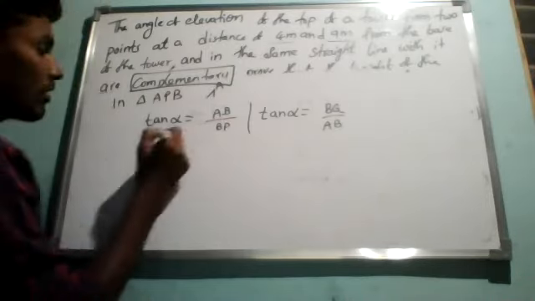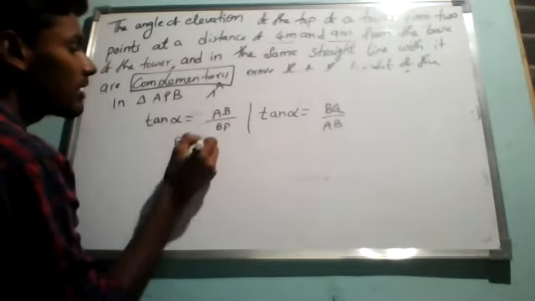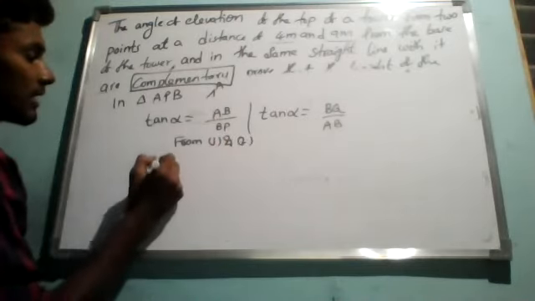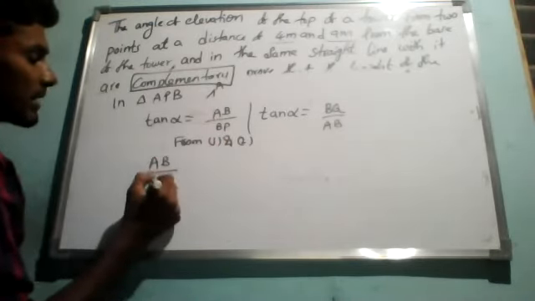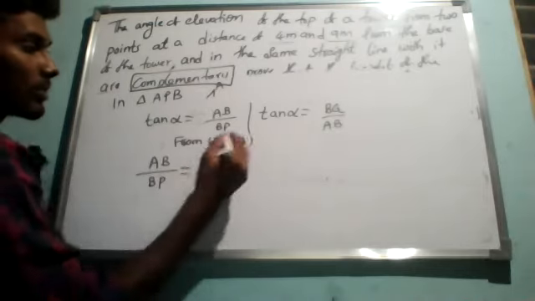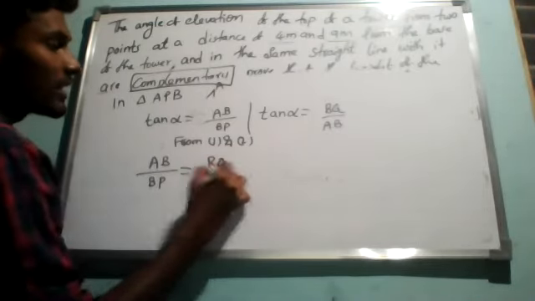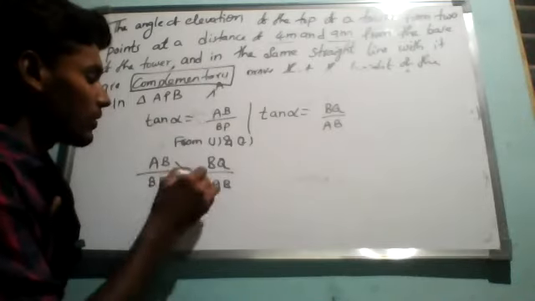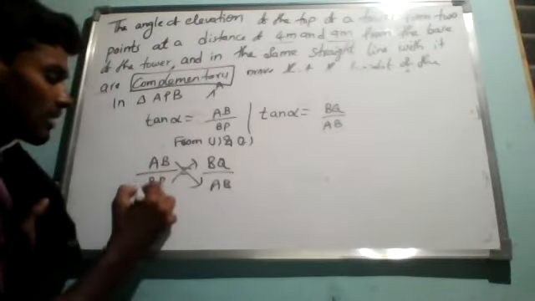Understand? So from 1 and 2 I can write AB by BP is equal to BQ divided by AB. Is it correct or not? Yes. Now if we do the cross multiplication, what is going to happen?